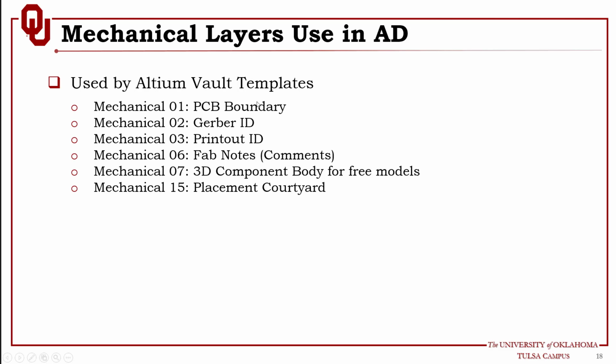Again, these are for the layout, and these are for components in addition to the layout. And they use mechanical layer 7 for the 3D body and mechanical layer 15 for the courtyard.